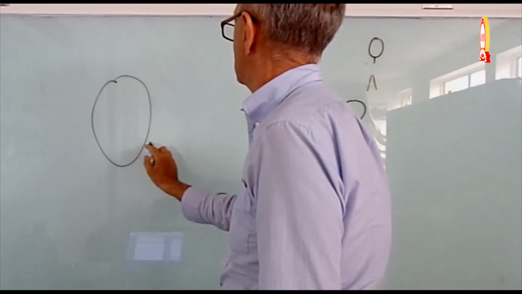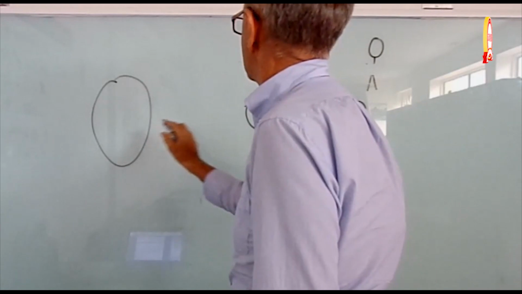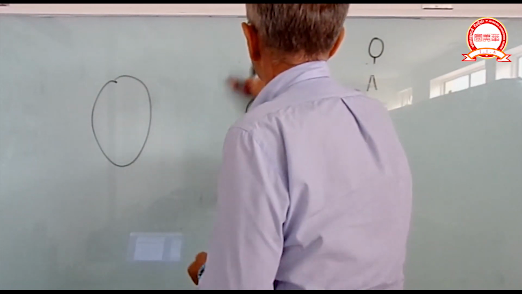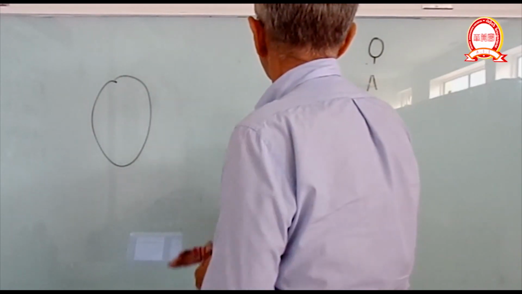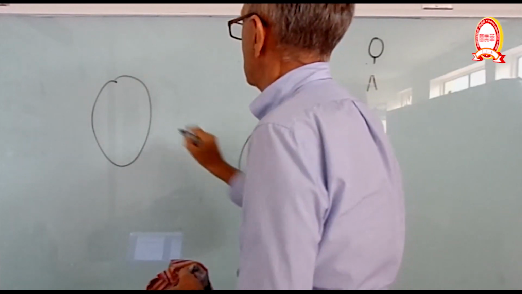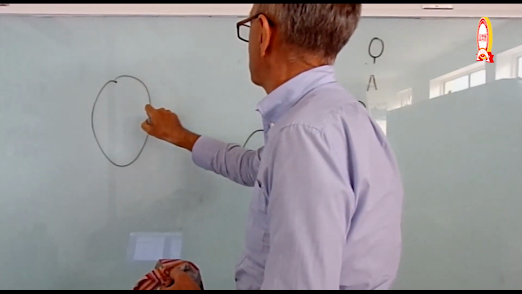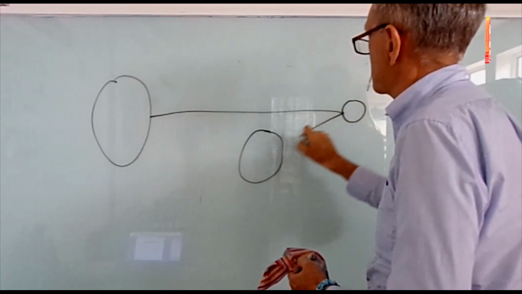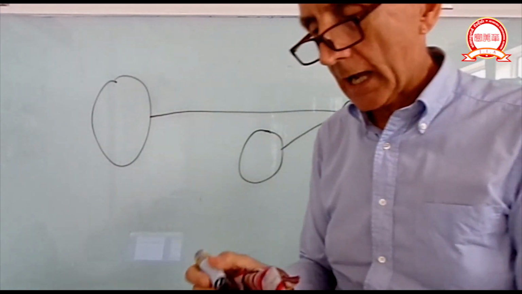And the sun goes, let's just put that off to one side. The light goes from the sun and then to the Earth. That's how it gets here.